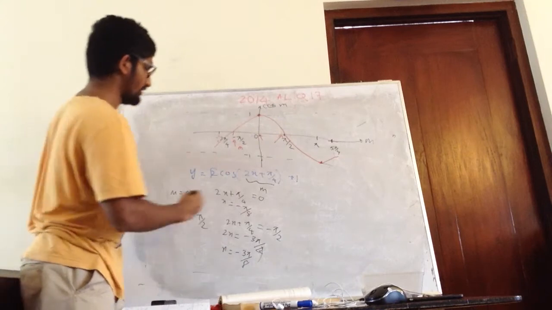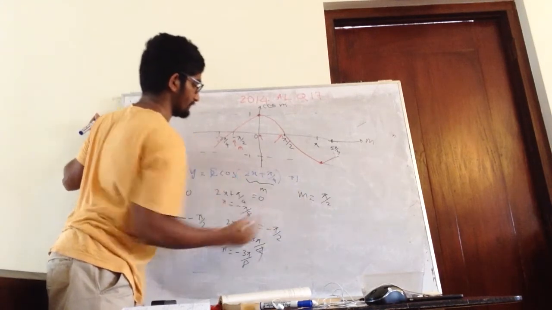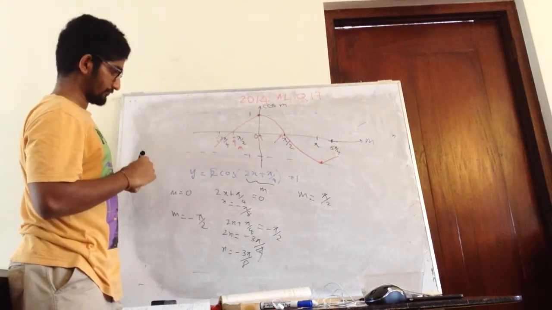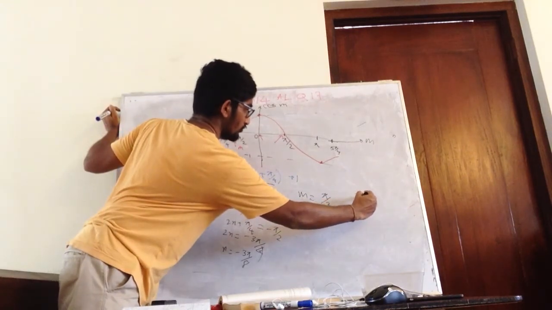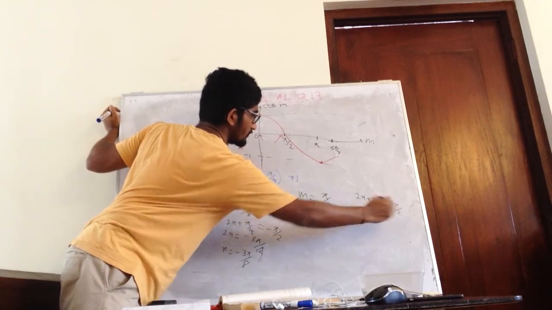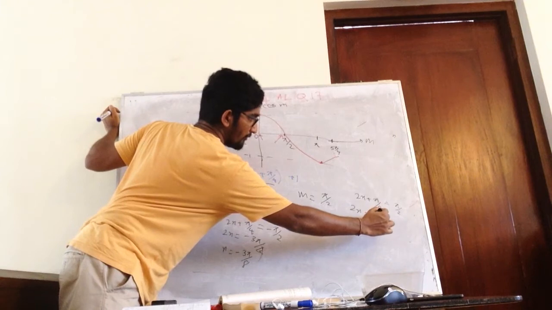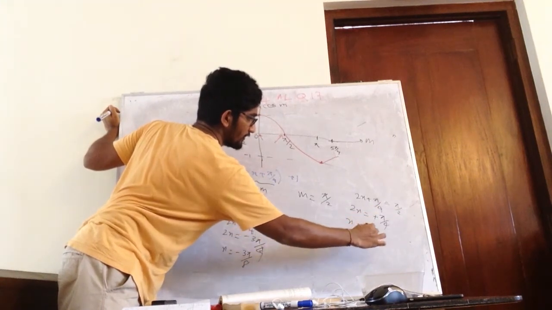Then we get for m equals 5 over 2: 2x plus 5 over 4 equals 5 over 2. That means 2x is going to be equal to plus 5 over 4. So x is 5 over 8.